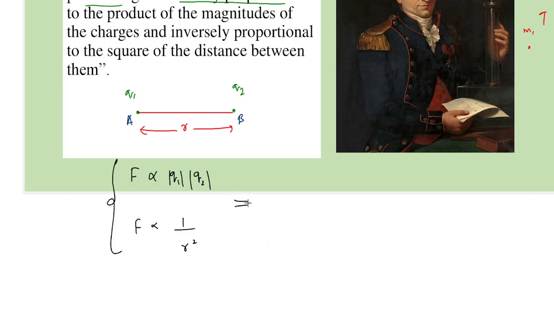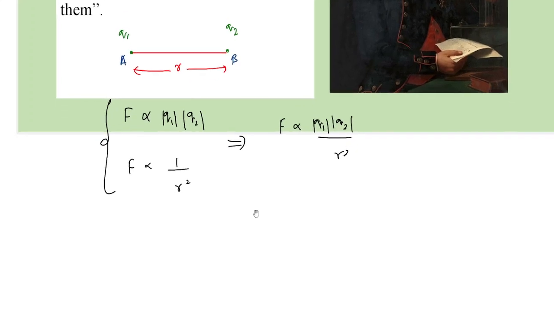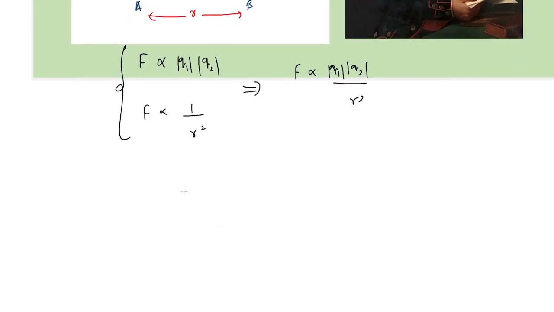If you combine these two together, then the force between them is proportional to Q1 Q2 by r square. The next step is to bring in a constant, and that constant is given as 1 by 4 pi epsilon naught, Q1 Q2 by r square.